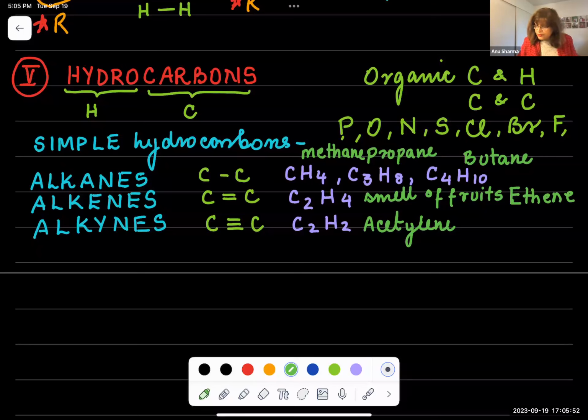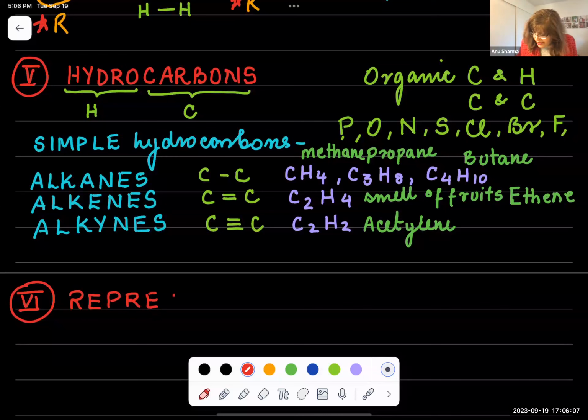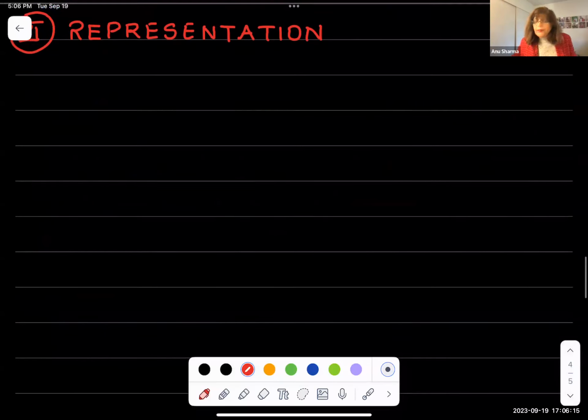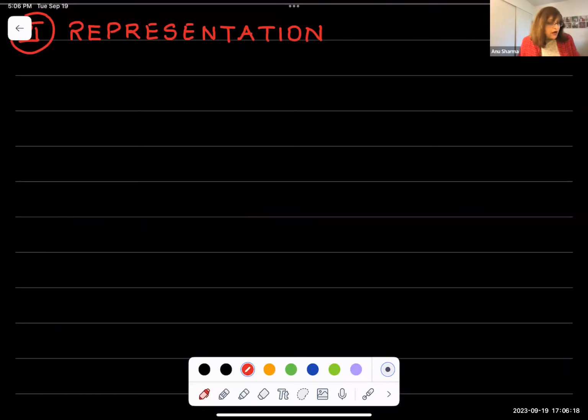All right, now let's look at the representation part. How do you represent them?